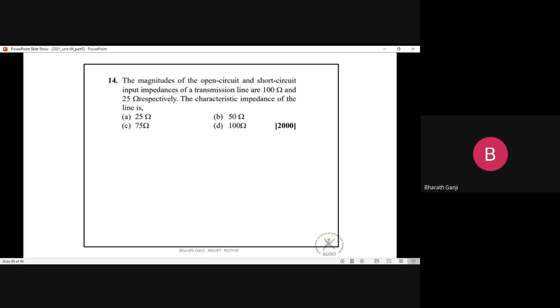Yes, Praveen. Very good. That is the answer. So if you remember, we have calculated the input impedance for an open circuit line and a short circuit line.